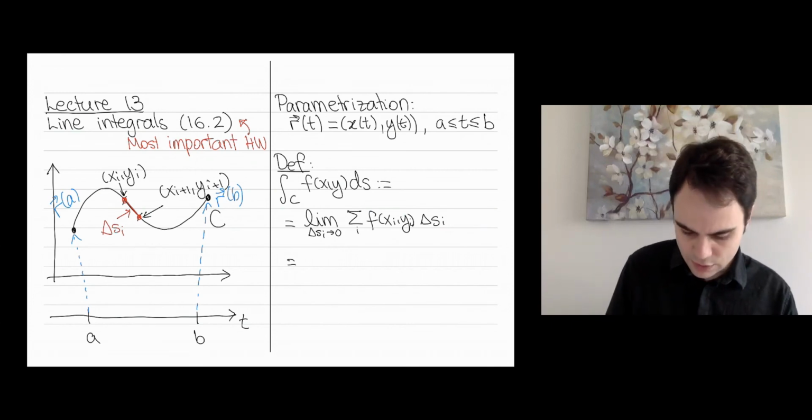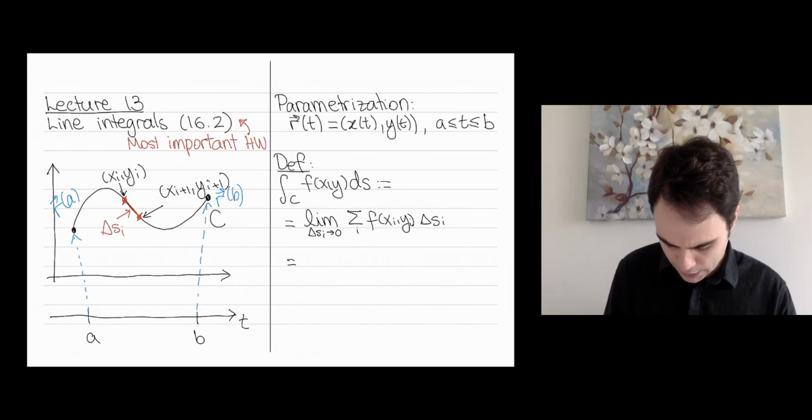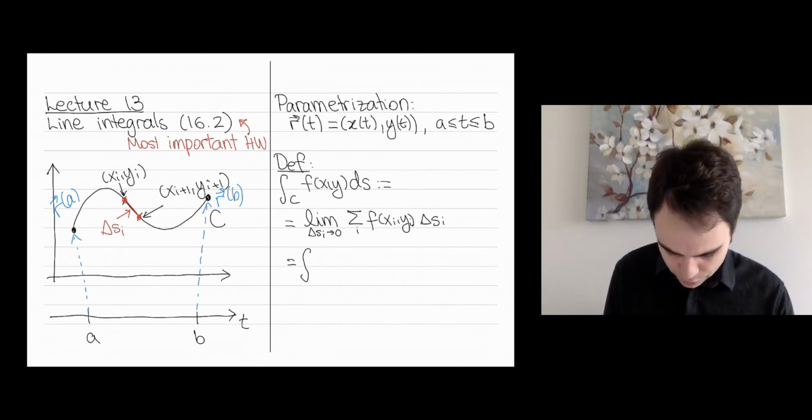This pair of functions gives me a dictionary between numbers between a and b, and points on my curve. So it turns out it suffices to compute this integral: we can compute the integral over c as an ordinary integral for t going from a to b.